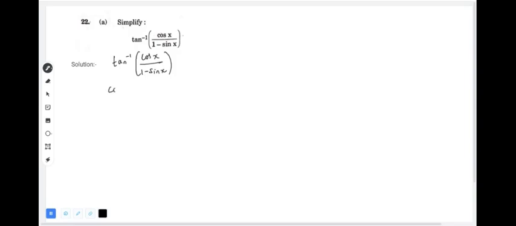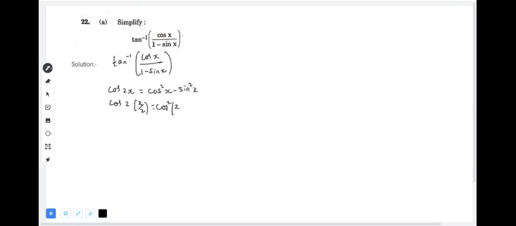We know that cos 2x will be what? The cos 2x formula is cos square x minus sin square x. One formula we have is this. Then the other one: cos 2 times x by 2. If it is x by 2, it will become cos square.